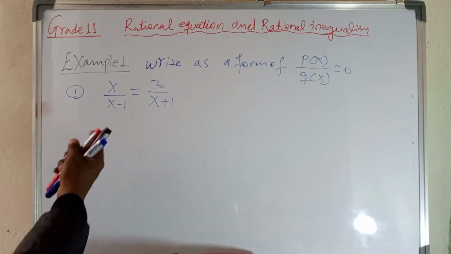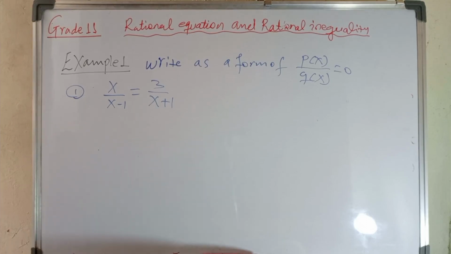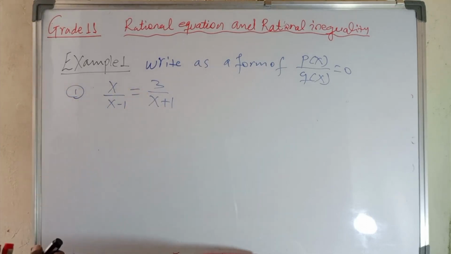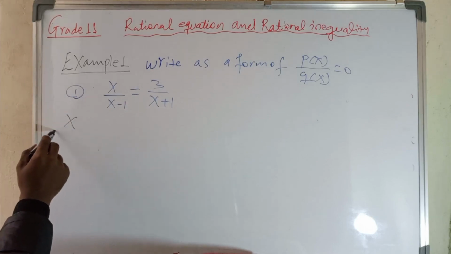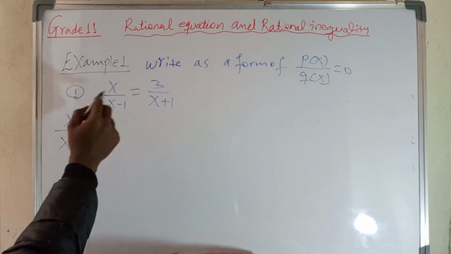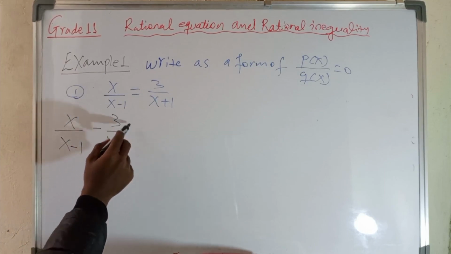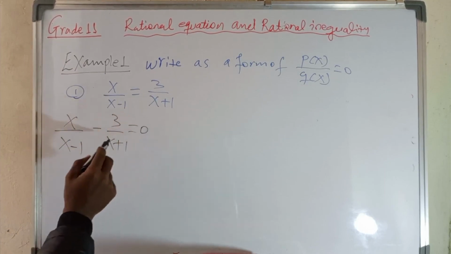First step, we move 3 over x plus 1 to the left side: x over x minus 1 minus 3 over x plus 1 equals 0.